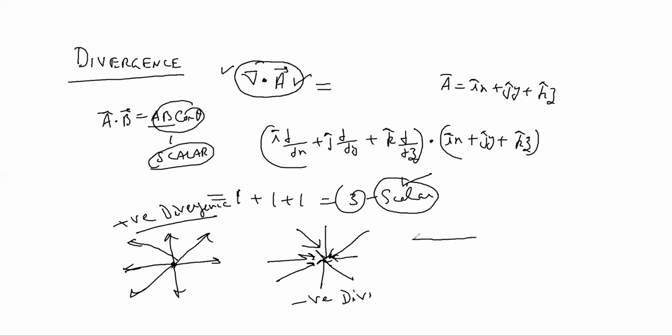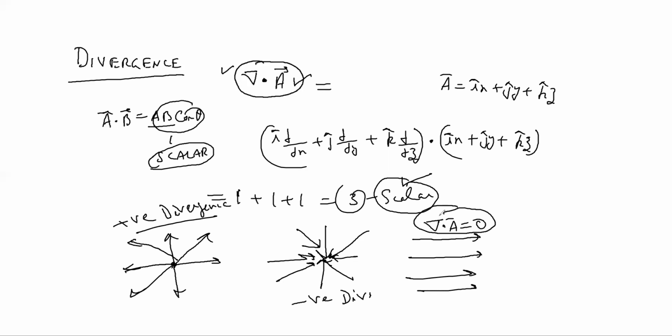And if the field lines are like this, parallel to each other, it means that del dot of that field is 0. That is, there is no divergence, no spreading of the field lines, either positive or negative.